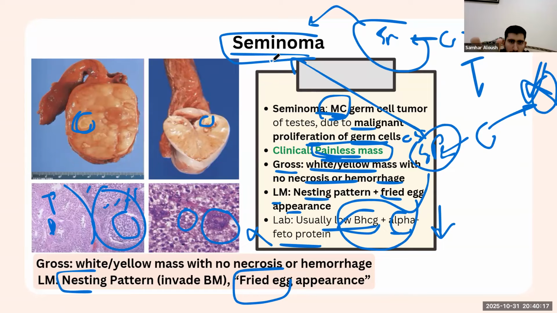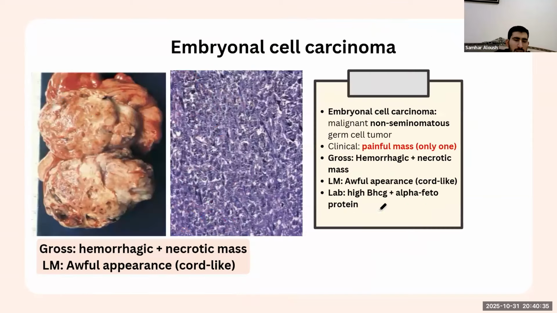I'm sure you will get a question about seminoma. Even when I did Step 1, I got a question about seminoma. I got it wrong. It was literally like these pictures and I didn't answer it correctly. So seminoma: most common, painless mass, white yellowish mass, nesting pattern, fried egg appearance. In labs everything is low. Done. Now the second type, we said germ cell might be sperm, non-sperm. Okay.